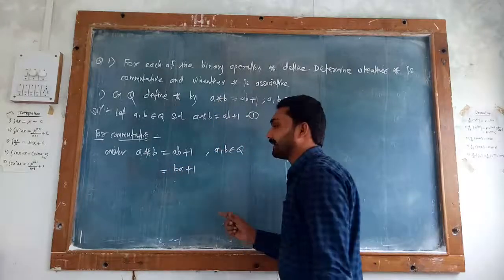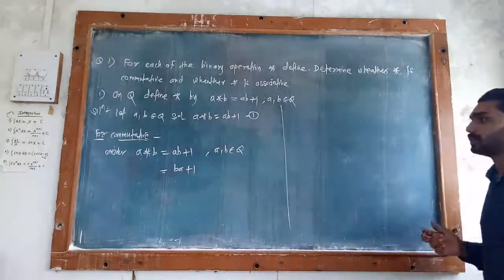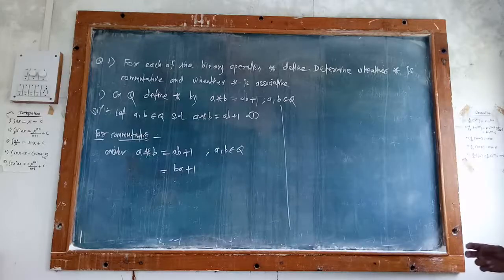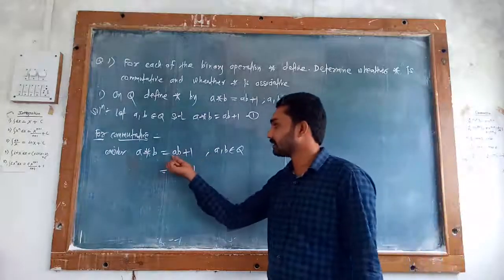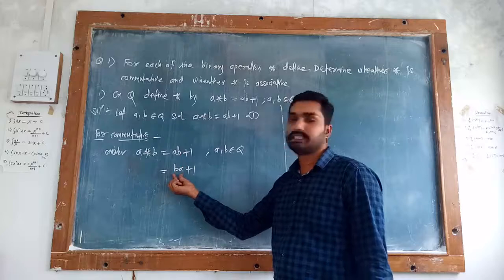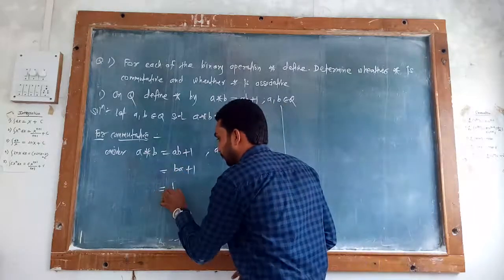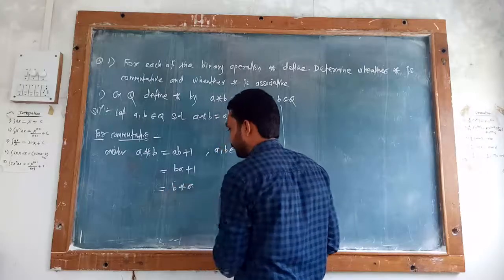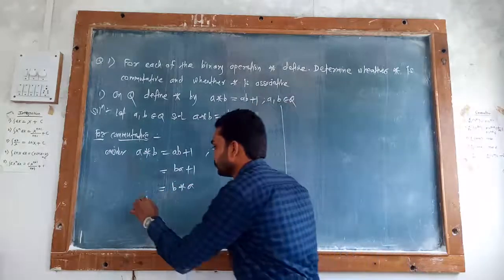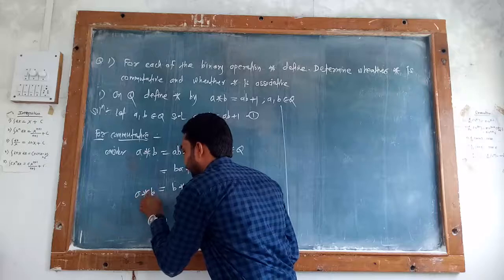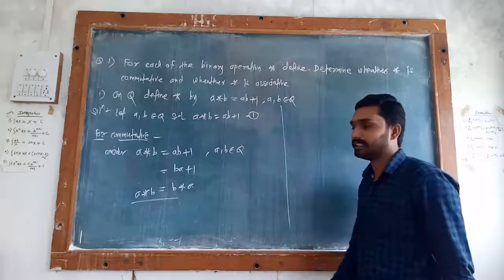Because multiplication is commutative in rational numbers. So AB can be written as BA, plus 1, and this is your B star A. So we get A star B equals B star A. What is B star A?